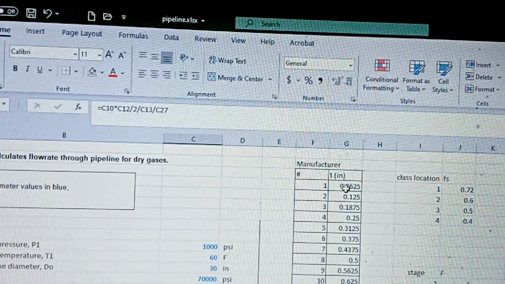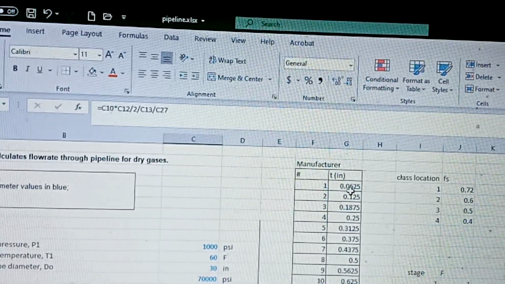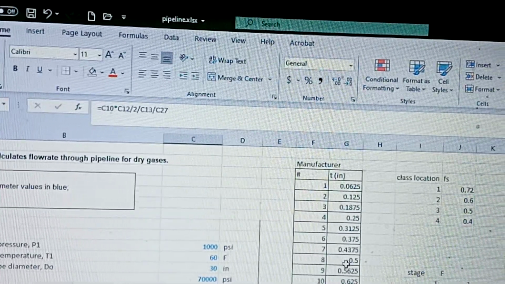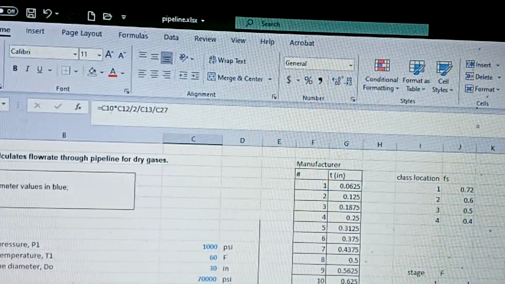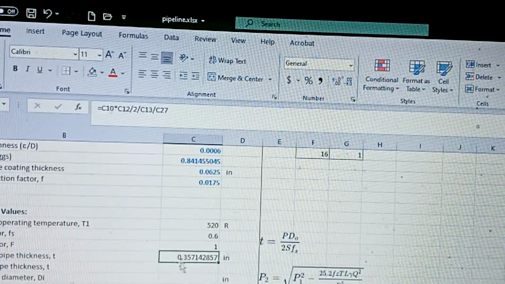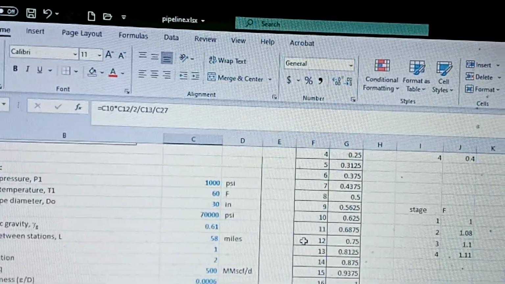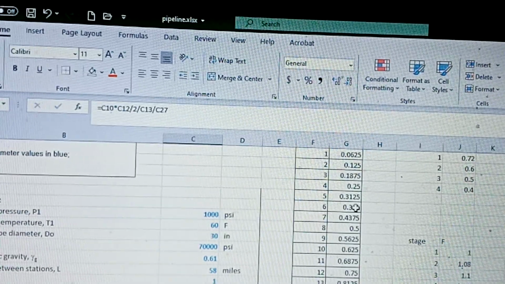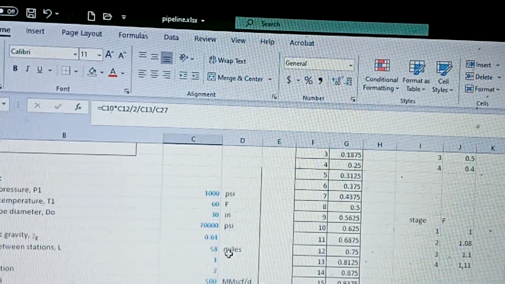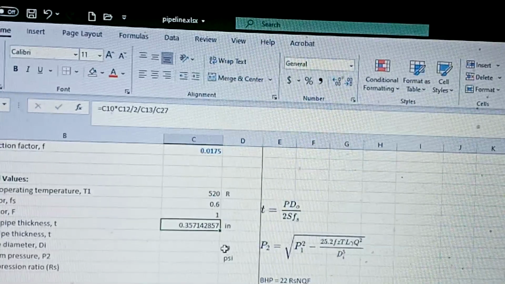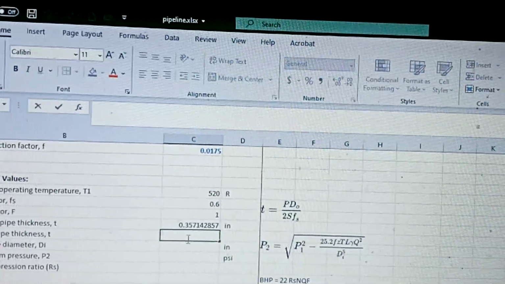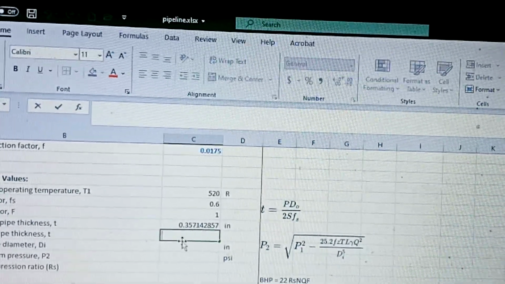They are all in 1/16th increments. Okay. So let's see, the next available one should be 0.375. So the way we do that in Excel, I want to write a function to just pick the next available.